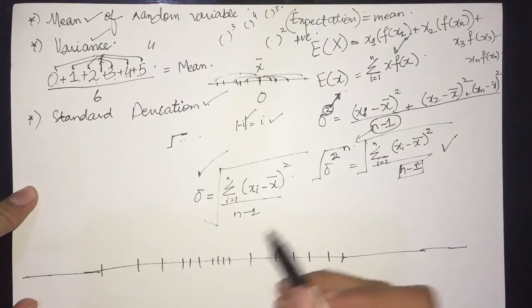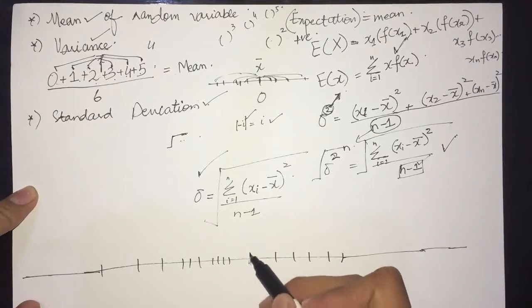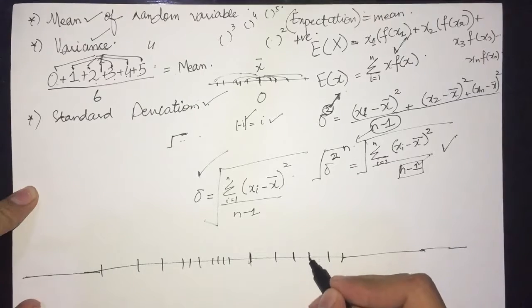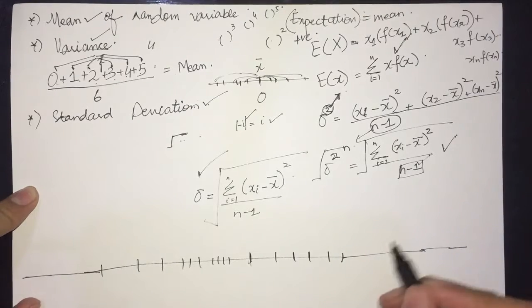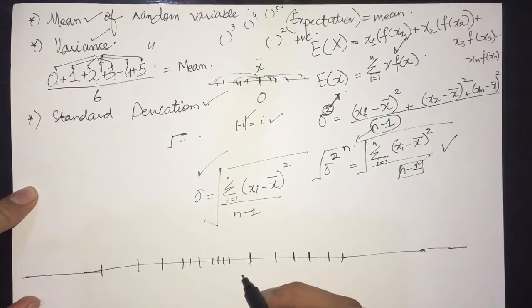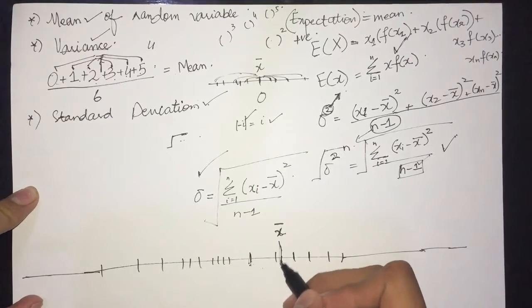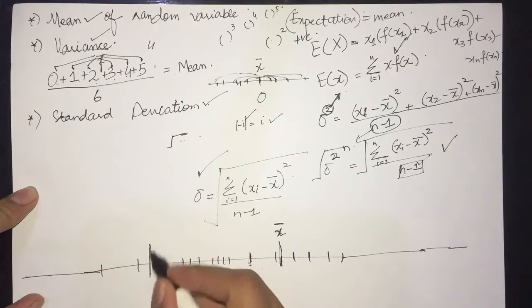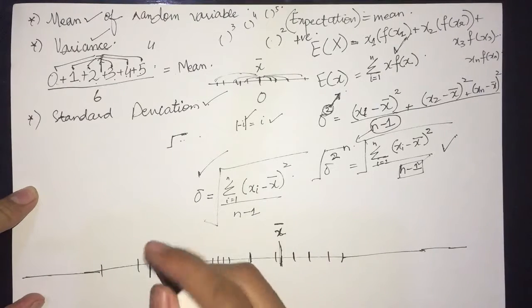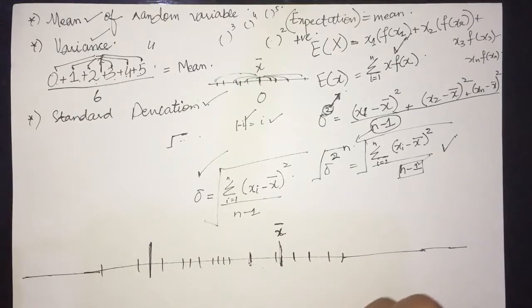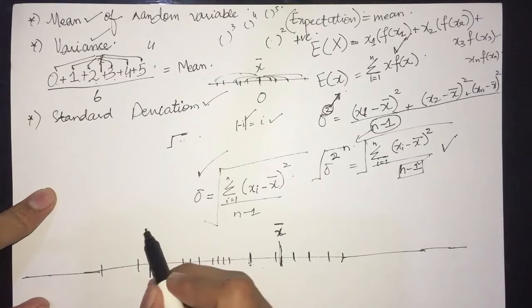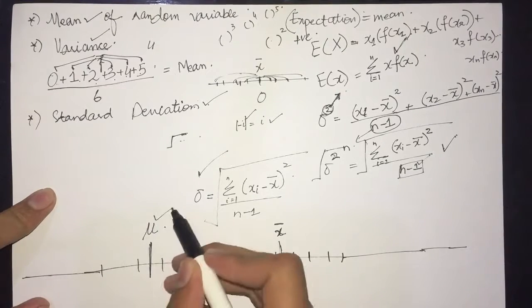But for example, we take a sample. We take this one, this, and this. Now we can calculate the mean, and we know where the sample mean is. For example, the mean is right here, x bar. And let's say the whole infinite population mean is right here, because we use samples just to estimate the whole population. This is the population mean, which we denote by mu.